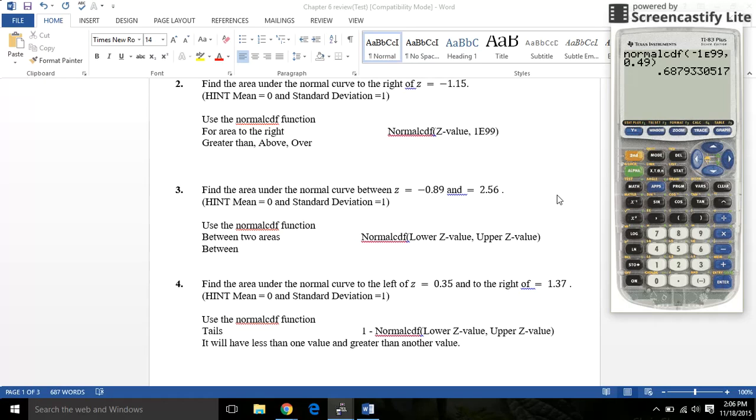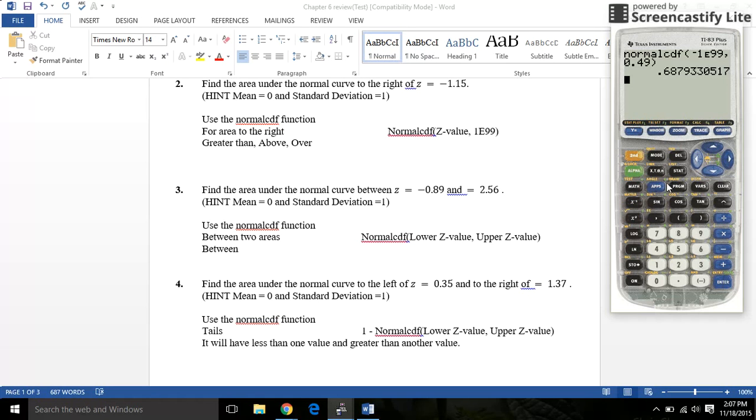Again, my mean is 0 and my standard deviation is 1. I'm going to use the normal CDF function again because I'm finding an area. I'm looking for the area to the right, and other ways you might see this are greater than, above, over. My z value is going to be my first value, and then it's going to be comma, to infinity.